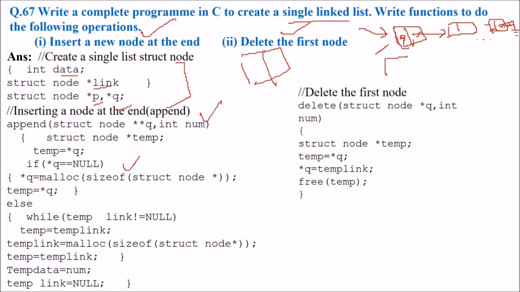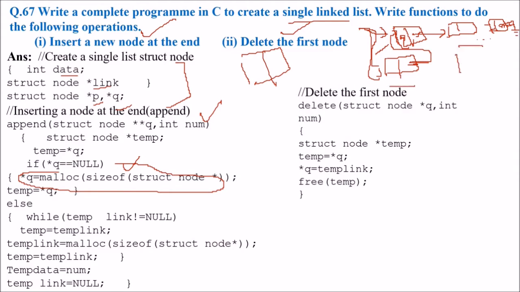If I want to add at the first position, first I have to create a node. So first I make a node, and then I assign this header, which is pointing to the first node, to this node, and now the link of the created node will be assigned to the first node.